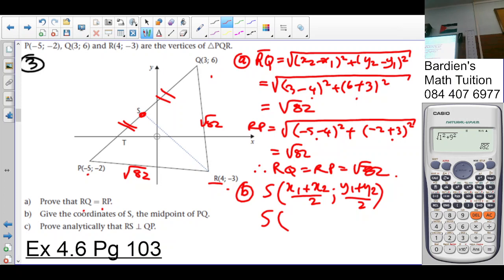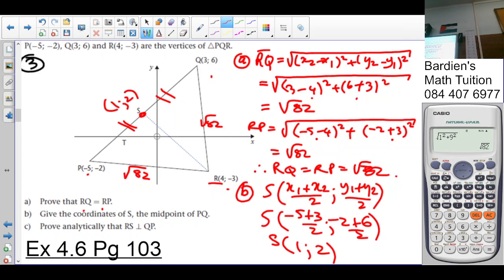So it's going to be negative 5 plus 3 over 2, negative 2 plus 6 over 2. So S will be 2 over 2, which is 1. Negative 2 plus 6 is 4, over 2 is 2. So S is going to be 1 and 2. Is that correct?